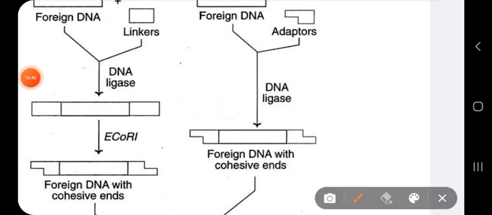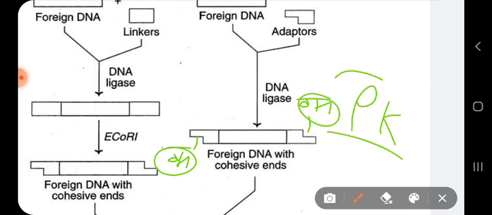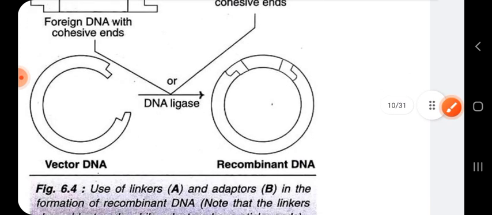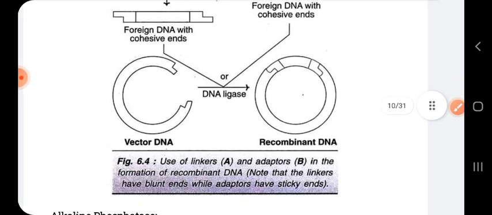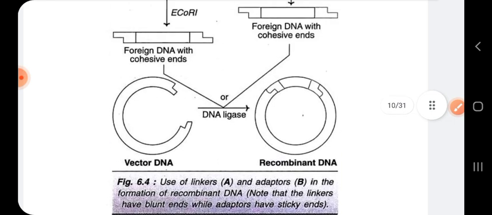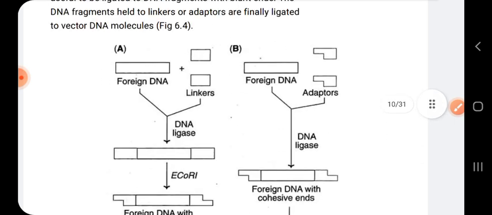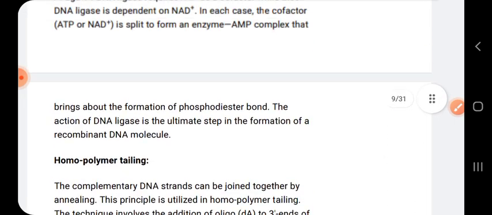Okay, the OH group that was present on the 5 prime terminus of these adapters is further removed by an enzyme called polynucleotide kinase. We sometimes represent it as PK, and thus we can now introduce them into the desirable vector. Okay, so this is about the linkers and adapters.